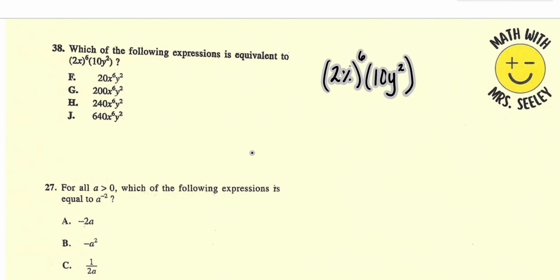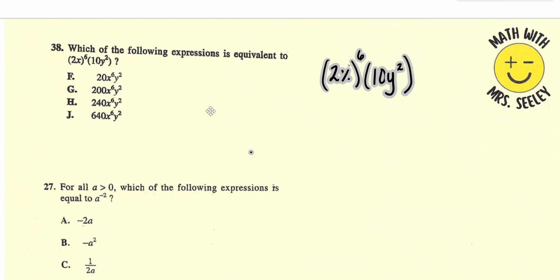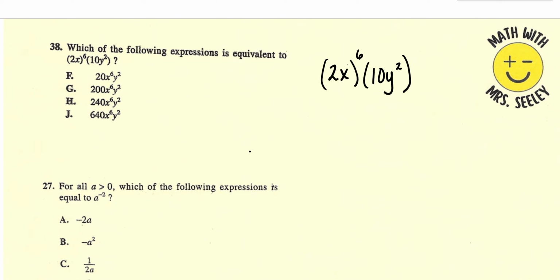And I've rewritten the problem over here a little bit larger, and if you'd like to, pause your video and practice on your own and then come back and check with me. All right, once again, this is going to distribute to each person in the parentheses. So 2 to the 6th power, in your mind or on your calculator, that's telling me to take 2 and multiply itself 6 times and get 64, x to the 6th, and then you have 10y squared.